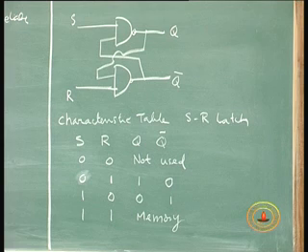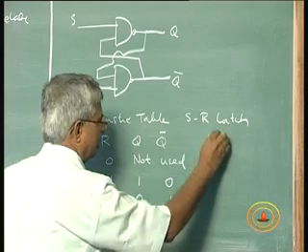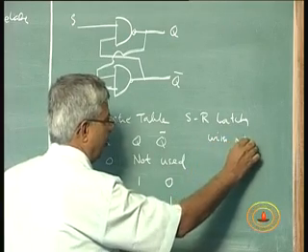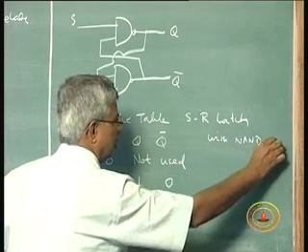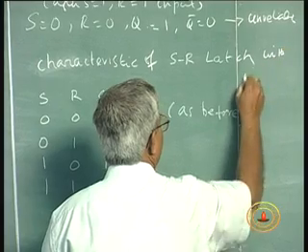All sorts of nomenclature you will find in the books, because both are right. You can say SR latch with NAND gates. This is the simplest way of understanding this. This is SR latch with NOR gates.